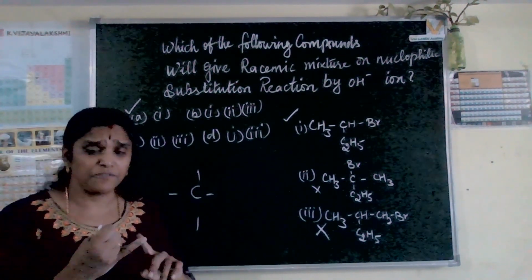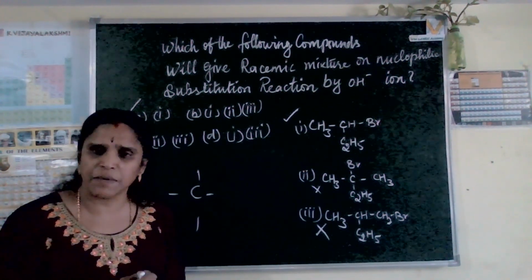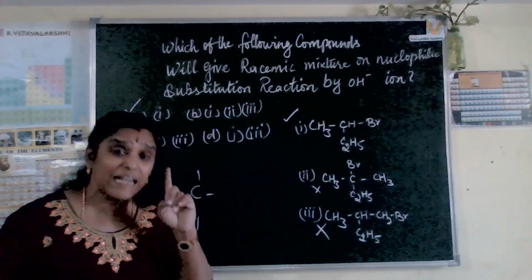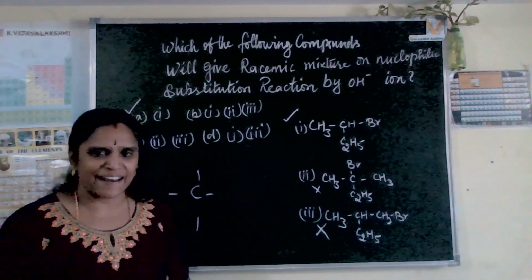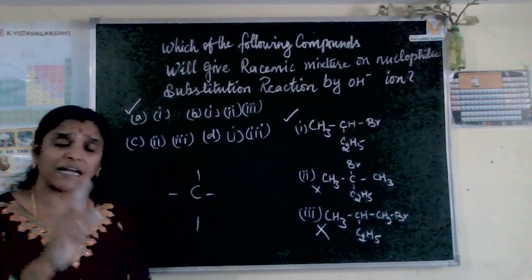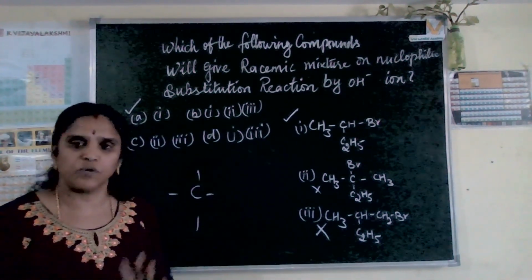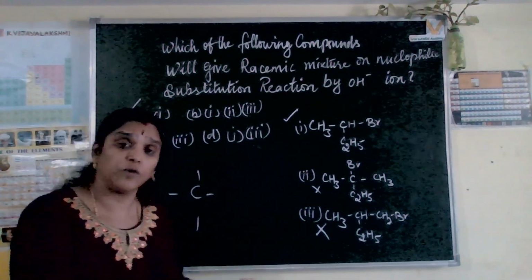Why? First and foremost, what do you mean by racemic mixture? It has to contain at least one chiral carbon, the carbon connected with four different groups or atoms.